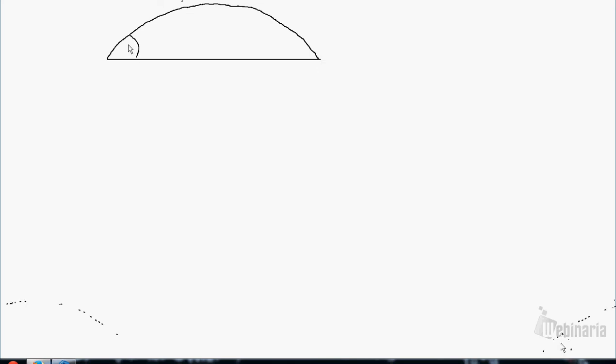Well, we know that there is an alpha. Okay, if you prefer, it's a theta. But anyway, I just got used to using alpha.